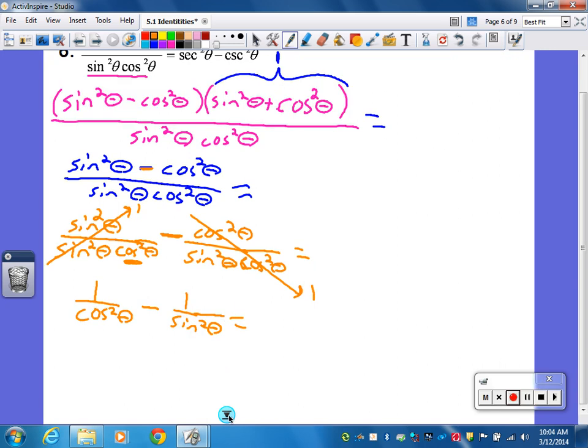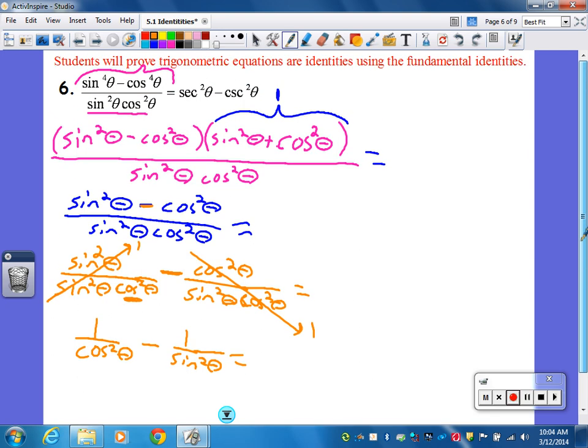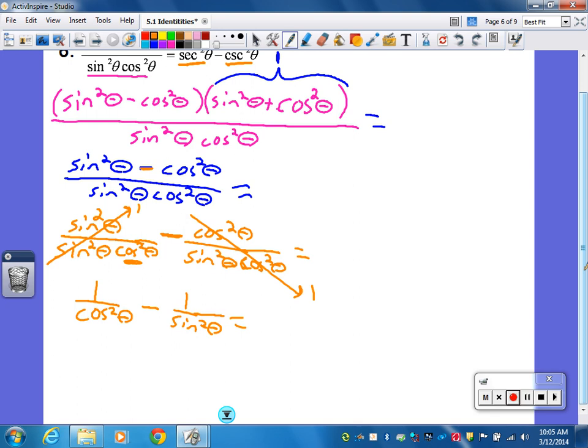And now you should be thinking, okay, is that what I want? Am I where I want to be? I need a secant squared theta and a cosecant squared theta. Well, looking here, we know that those are going to be the inverses of cosine squared theta and sine squared theta, which I have both of those right here.